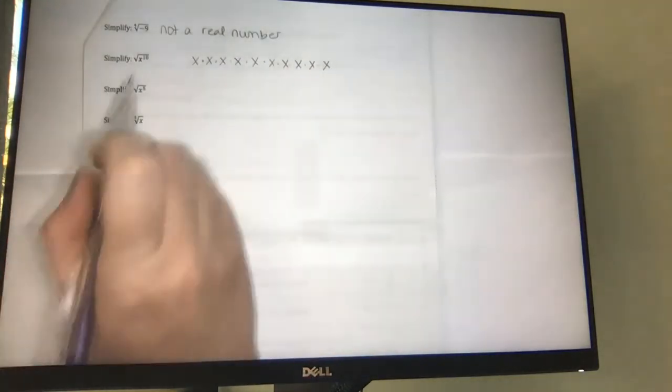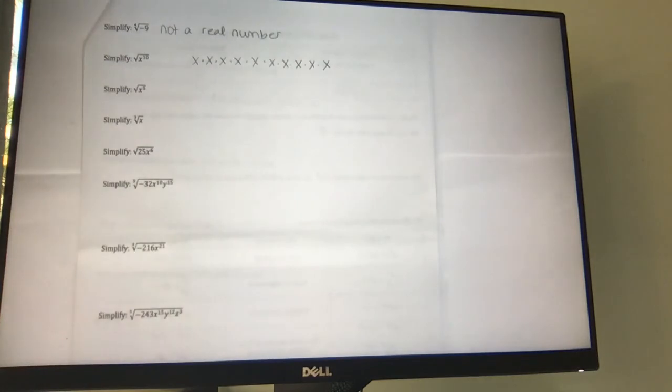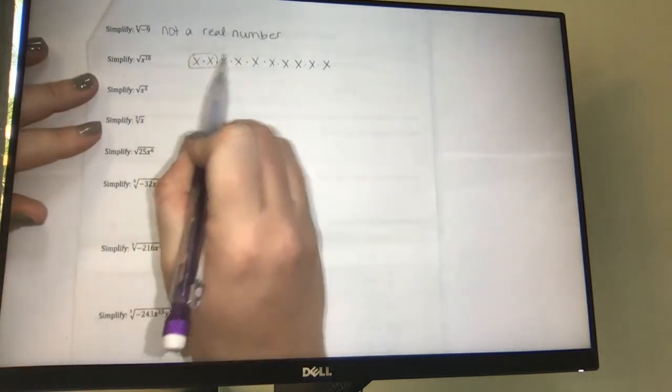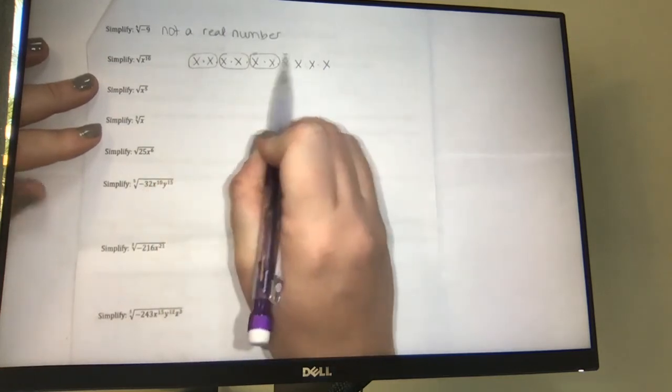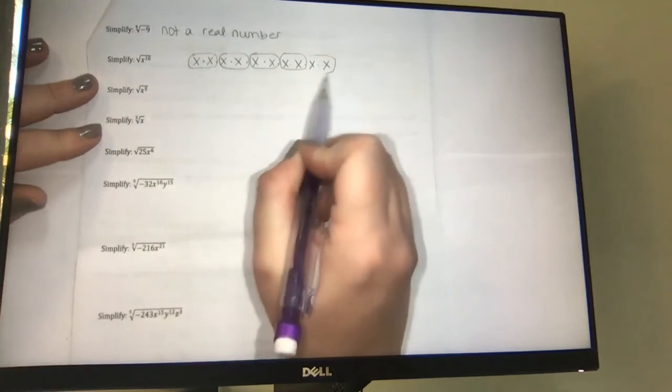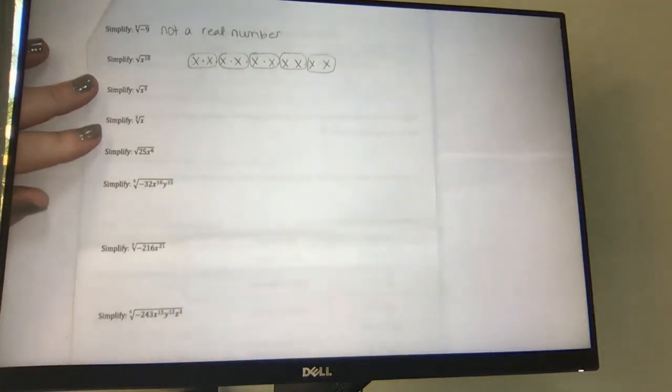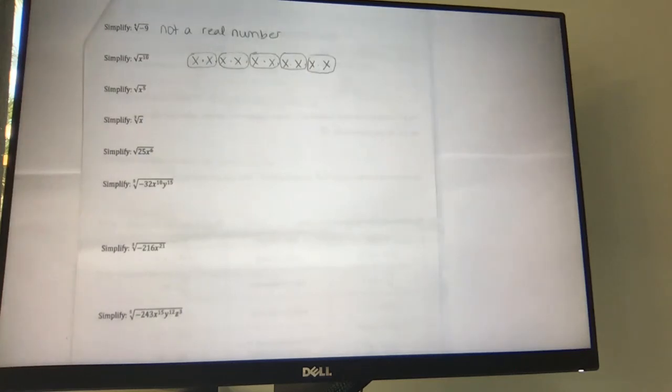All right, I have an index of 2. So according to our little method, I need to make groups of 2 of the same. Okay, well, here's a group of 2. Here's a group of 2. Group of 2, group of 2, group of 2. According to our method, I take one out of each group.